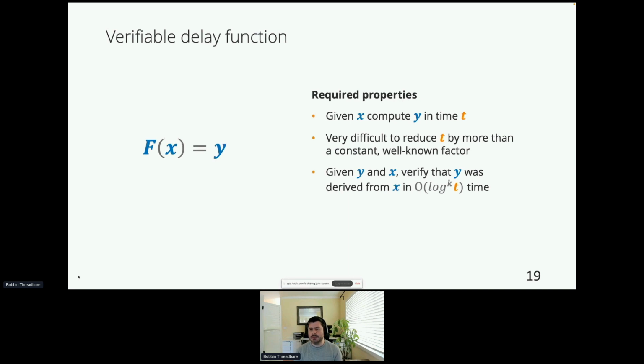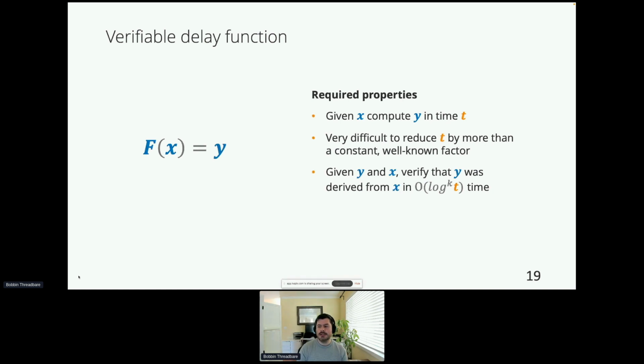Given some input x, we want to compute the output in some time t. And it should be very difficult to reduce t by more than some small, well-known constant. Specifically, you shouldn't be able to apply parallelism, so it doesn't matter how much hardware you throw at it, you can't reduce t by that much. Maybe you can use some specialized hardware, which could be a little bit faster than generic hardware, but again, it shouldn't be significantly faster.